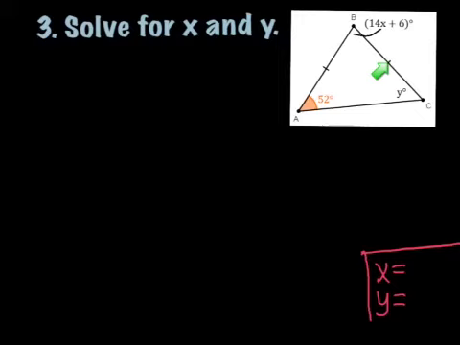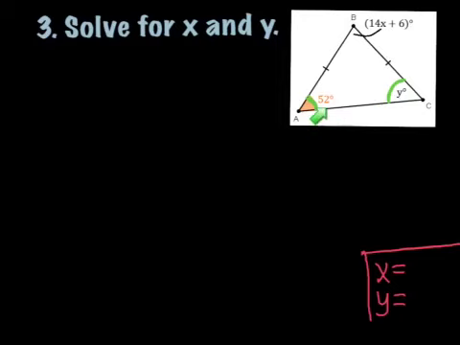Well, isosceles triangles have 2 equal sides and 2 equal angles, or 2 congruent angles. So we know that this angle is actually congruent to this angle, just like our picture we drew for isosceles triangle.